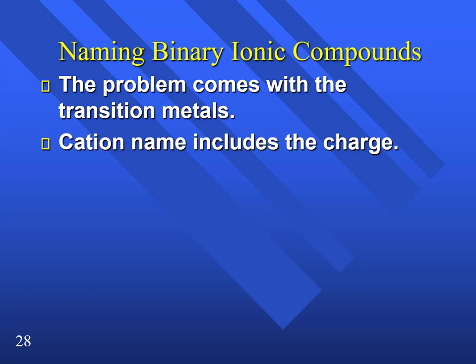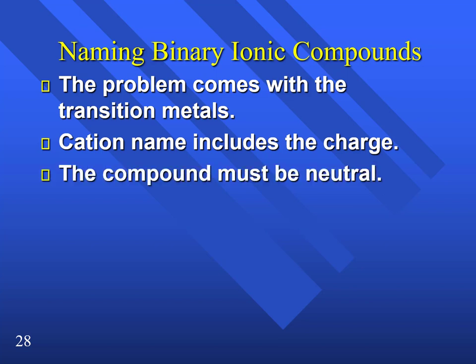So if I want to write the name of them, I'm going to have to figure out the charge on the metal. So how do I do that? I mean, I can't get it from here. Where can I get it from? Well, if you're trying to write its name, they gave you the formula, right? And you know that the compound has to be neutral. That's why we dropped the word ion off of it.